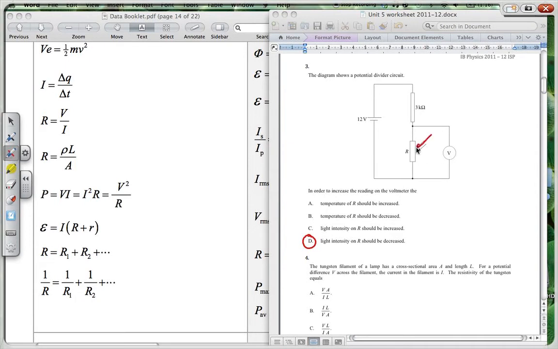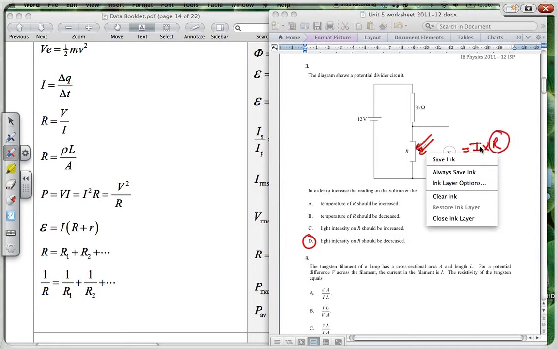As you increase the light intensity on R, the resistance actually gets bigger. When you decrease it, the resistance goes down. And because V is equal to I times R, as your resistance gets bigger or smaller, your voltage gets bigger or smaller. So the answer to that is going to be D.